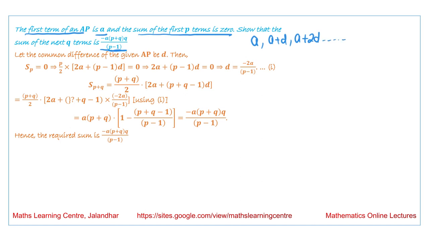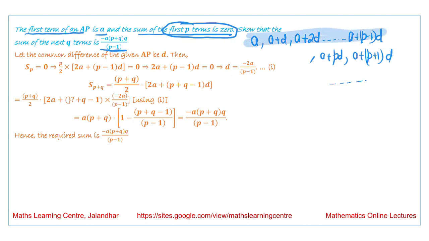We are saying the sum of the first P terms is 0. There will be a term over here (P − 1)D. Next it is A + PD. Next is A + (P + 1)D, and so on. So the sum of these first P terms is given to be 0.